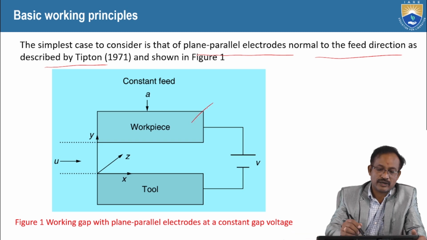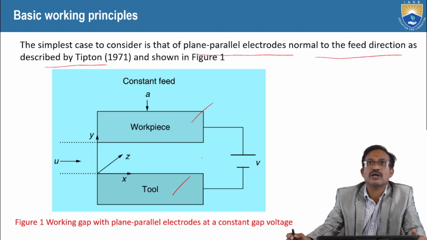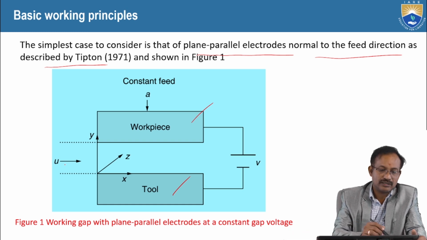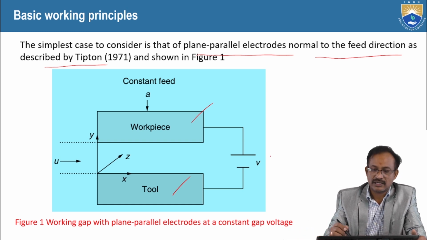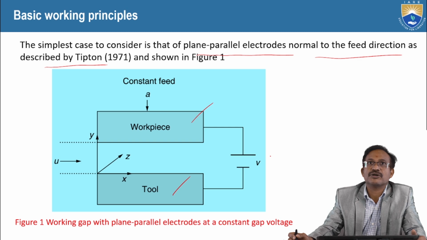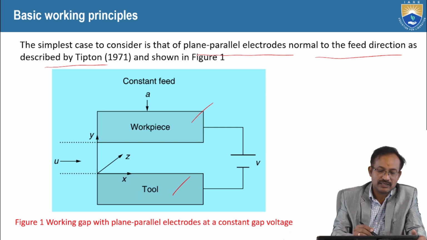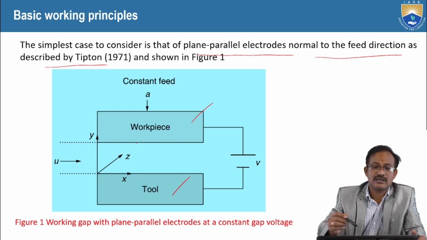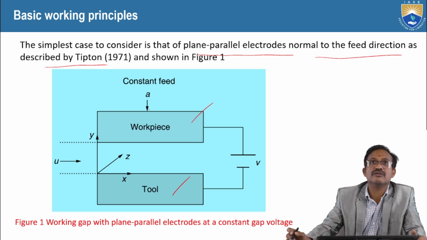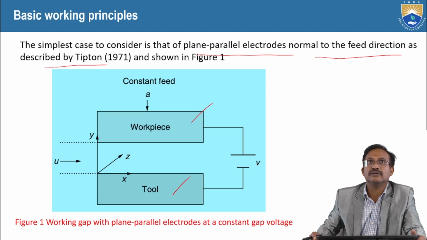Here the workpiece and tool are connected. U in is the potential difference, that is, voltage. This is the X, Y, Z coordinate system, with constant feed on the workpiece.